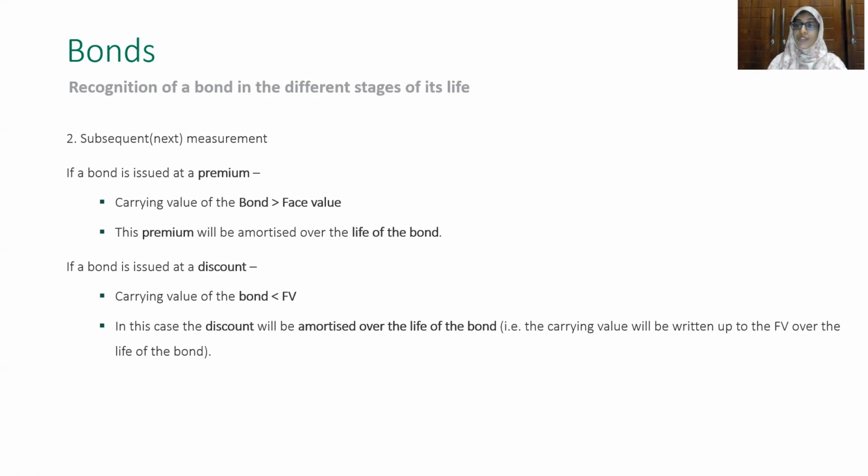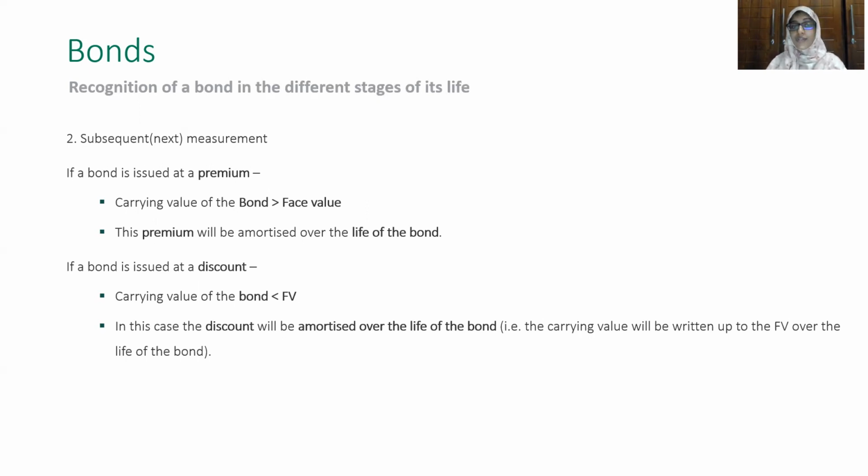If it's a premium, the bond value, I said 120, was any amount more than that. Here the bond value would be less than 100. So it could be 80, it could be 90, an amount less. The difference is the discount. So that is a bond which is issued at a discount.